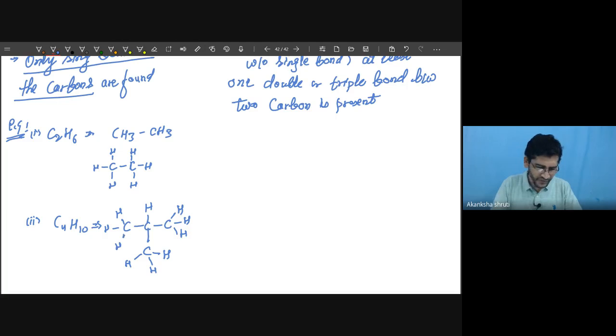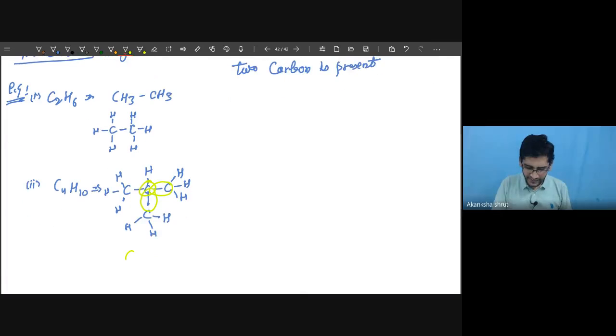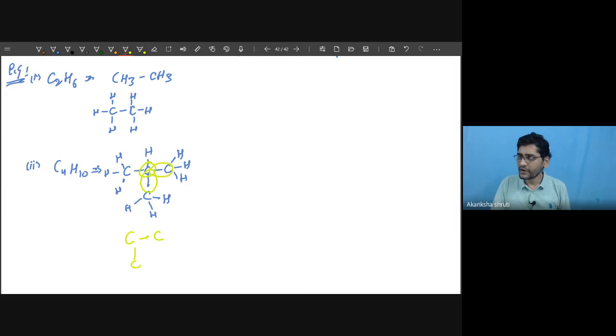Students, do you not think this carbon contains one carbon bond here and one carbon bond here? Then it is a double bond. Can you say like that? Yeah, students, can you say like that? This carbon is attached with two carbons, hence the double bond. No, students, this is wrong. I had explained to you, between the two carbons, two pairs of electrons have to be shared, then only it will be a double bond.